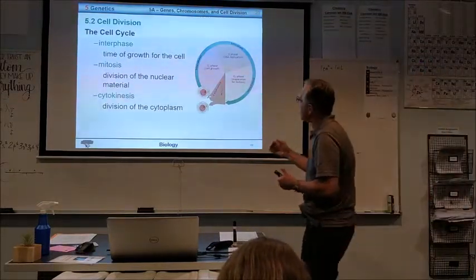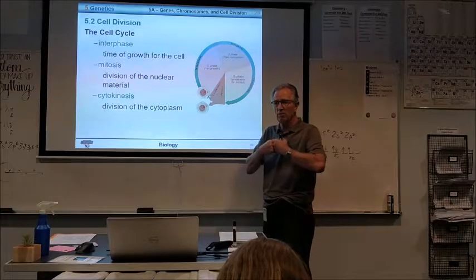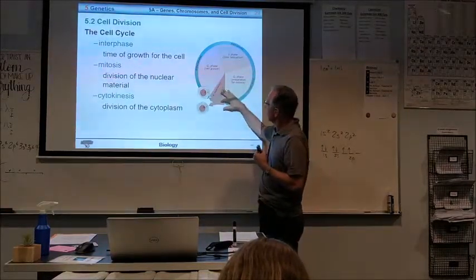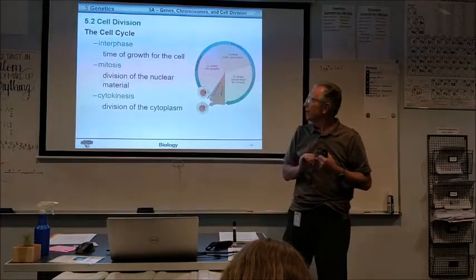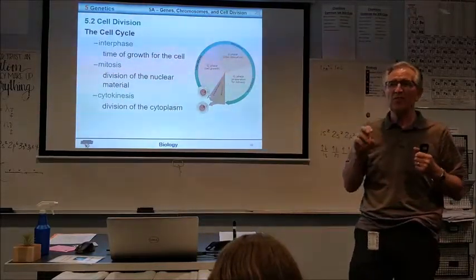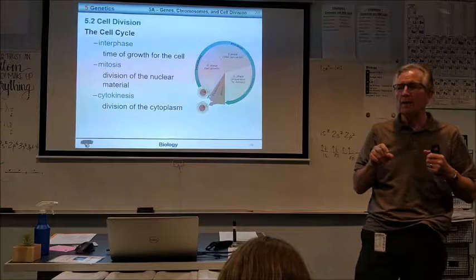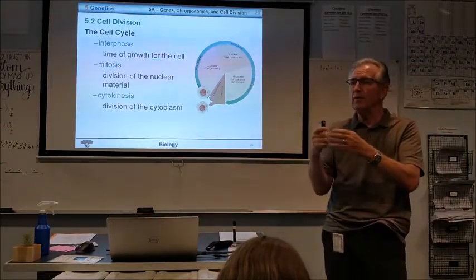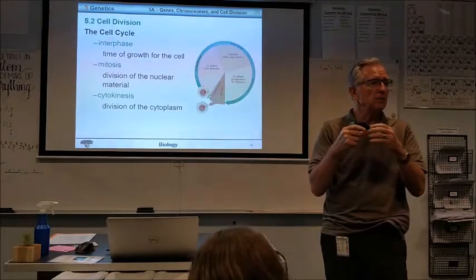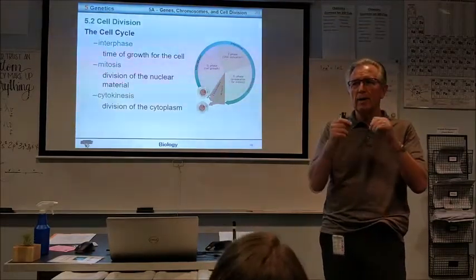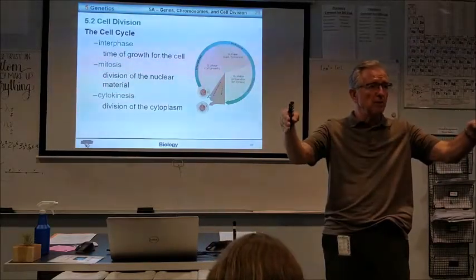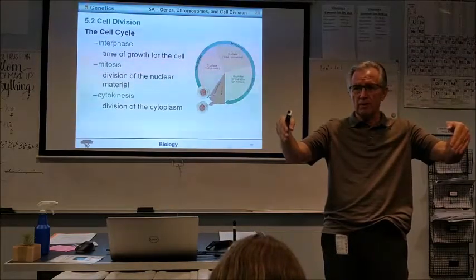Then, when it's ready to go through a division process, it goes into what we call mitosis. And the primary thing that's happening in mitosis is the DNA that's in the nucleus is going to get duplicated so that we can divide it up into the two new cells that are going to form as a result of mitosis.